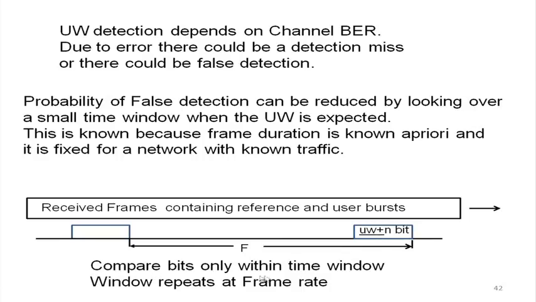So, compare the bits only within the time window. In between, you are not looking for the unique word, because this is supposed to be data, and if because of error some pattern looks like a unique word, you are not looking at it. You are looking at the location where the unique word is supposed to come, and therefore your false detection probability can be improved.